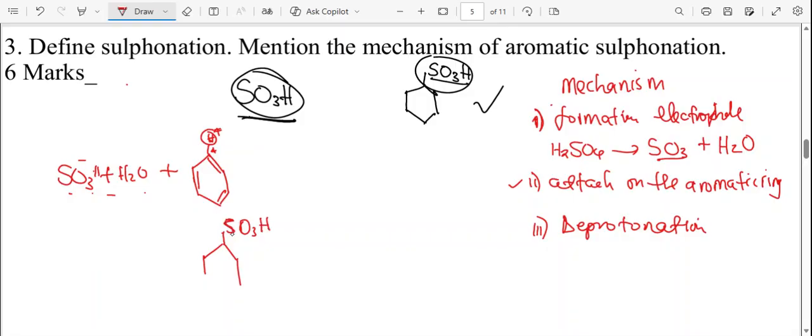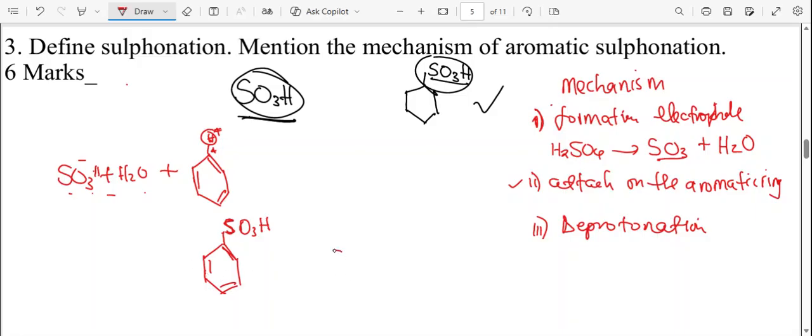This is just a sigma complex, because this can also go to the other side. So this is what will happen, and we'll form something like that. All right, so that's how we'll form this. Otherwise, on the aromatic ring, this is a benzene ring.